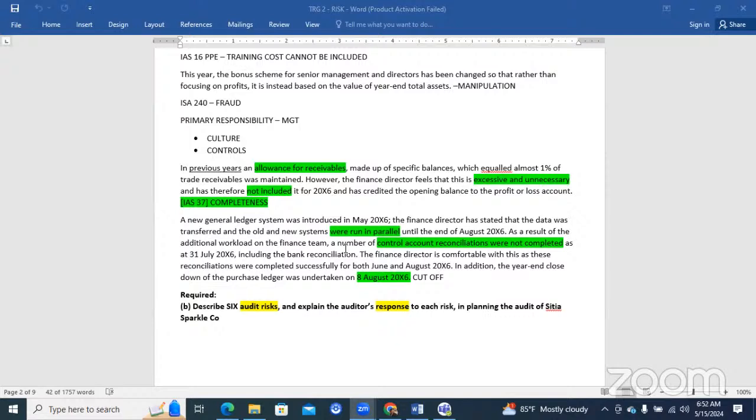It's a control risk. Not only that, they said here, as a result of the additional workload, running two systems parallelly will create additional work pressure. So due to the additional workload of the finance team, a number of control account reconciliations were not completed. That is also a control risk. Control account reconciliation, bank reconciliation statements, and supplier confirmation reconciliation, all these are financial controls.